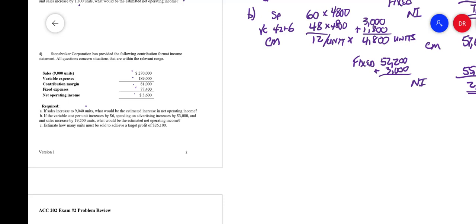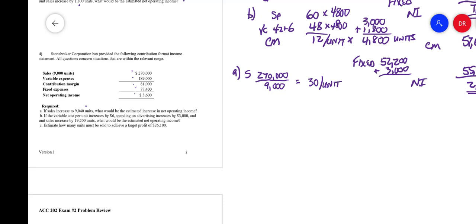That's the only change. So for letter A, the easiest thing that we can do here is just calculate the per unit sales price. So we take the sales of 270,000 divided by the volume of 9,000, and we get $30 per unit.